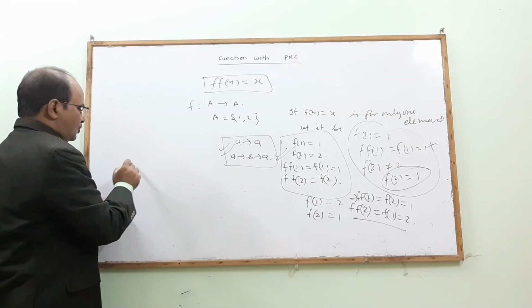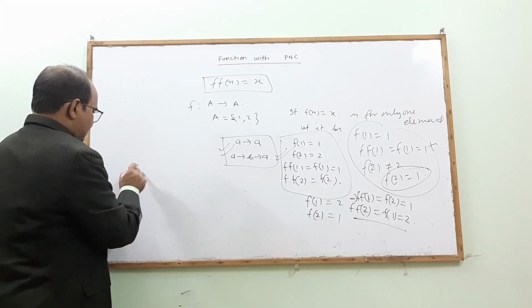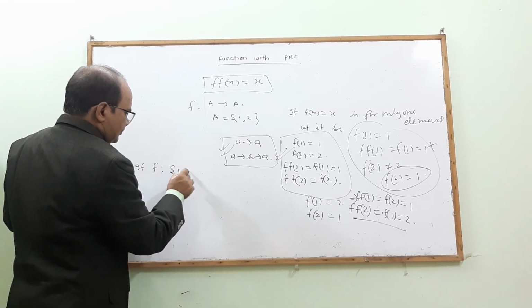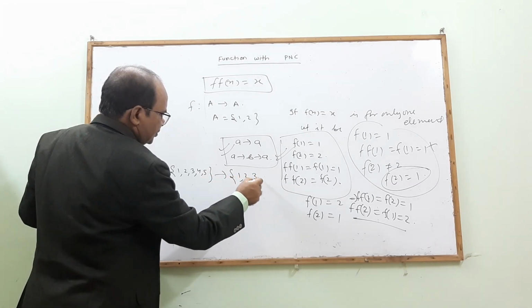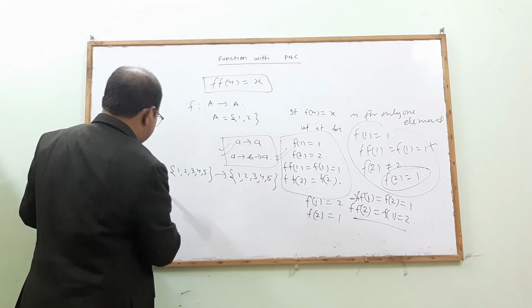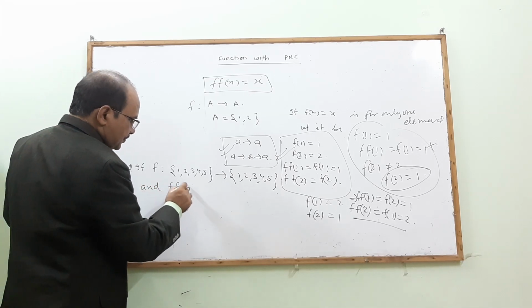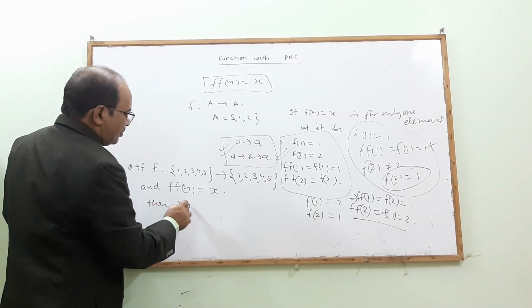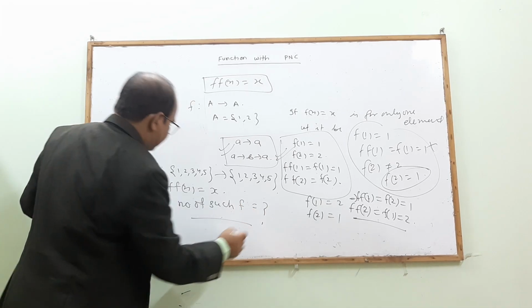Let us see a question. Which type of question can be asked? If f is defined from {1, 2, 3, 4, 5} to {1, 2, 3, 4, 5} and f of f(x) is equal to x, then the number of such f is what?